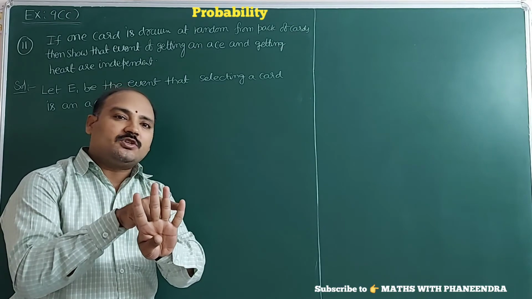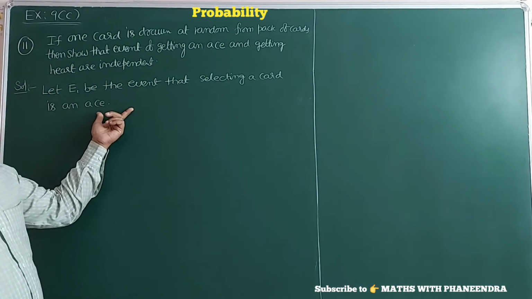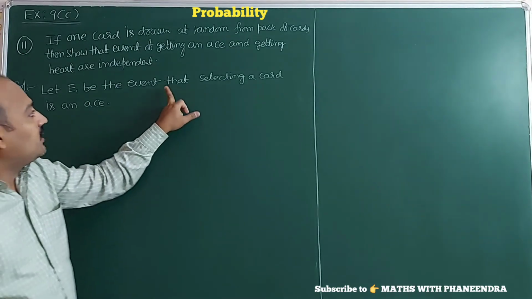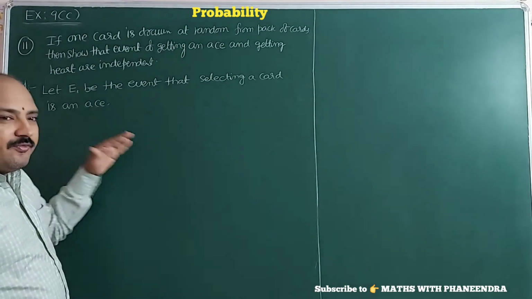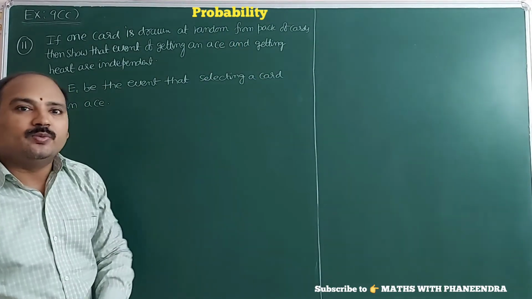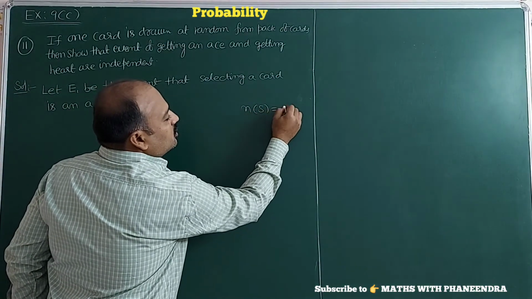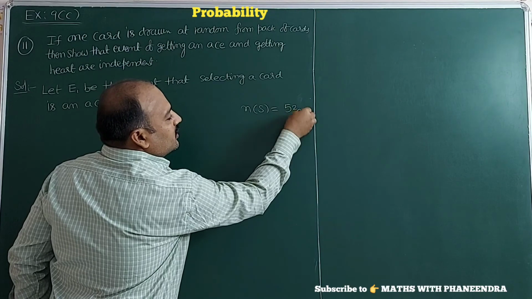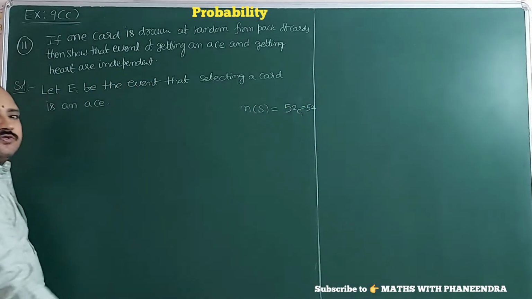So 4 ace cards are available, and from these 4 cards we can select one card in 4C1 ways. Before that, how many total cards are there? A pack of cards contains 52. From 52 we can select one in 52C1 ways. Therefore n of S is 52.